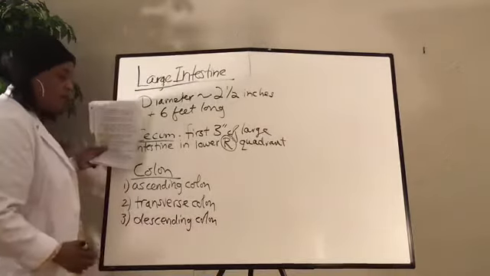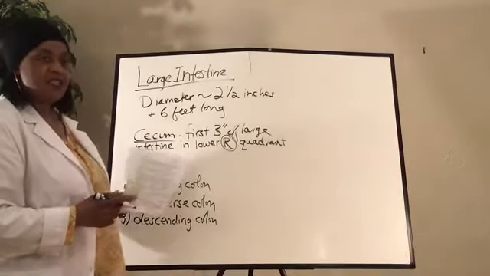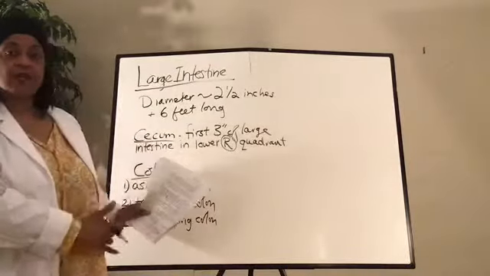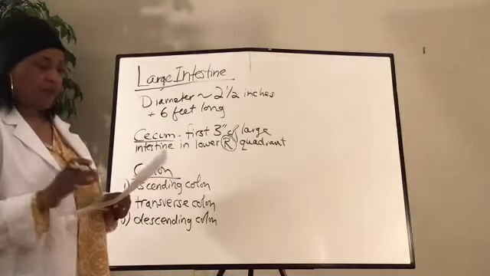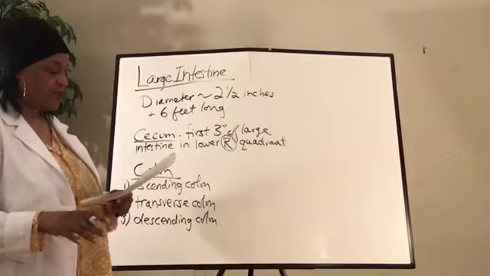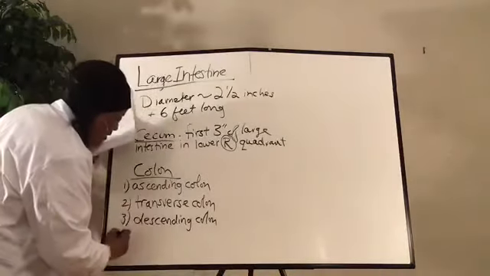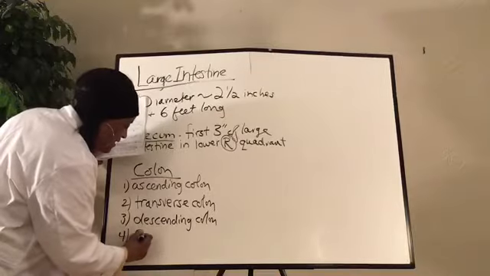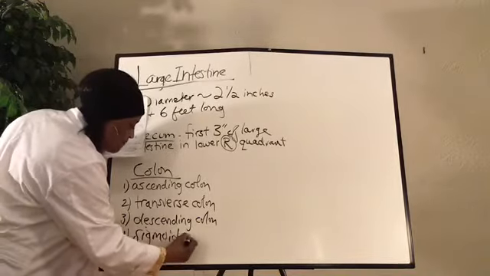The next thing I think we have is the descending colon. This descending colon lies vertically, but now we're on the left side of the body. It's below the stomach and the spleen, all the way to the iliac crest. The fourth part is the sigmoid colon.